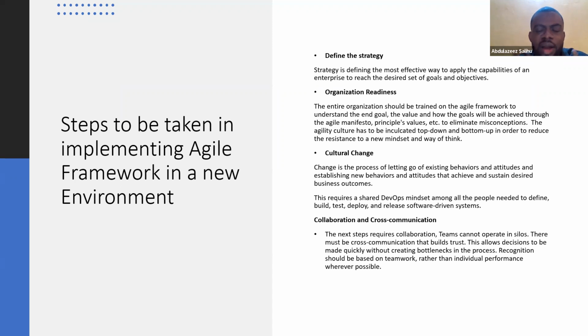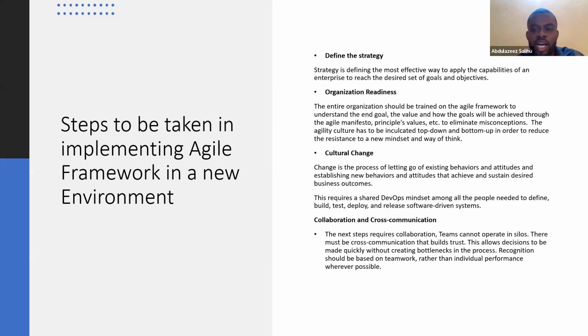Then organizational readiness is always very key. The entire organization should be trained on the Agile framework to understand the end goal, the value, and how the goal will be achieved through the Agile Manifesto I mentioned earlier on, the Agile values and principles. This is to eliminate misconception.